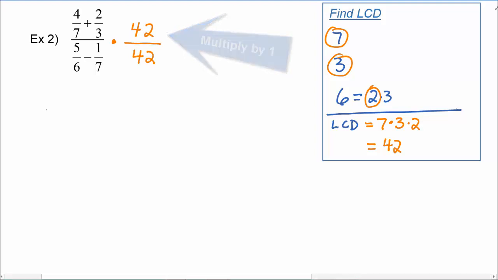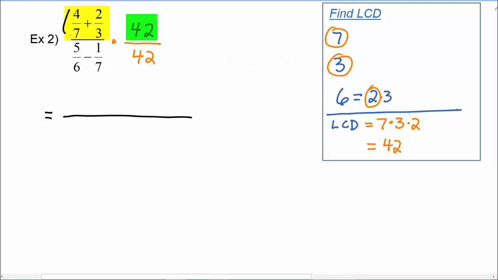Now we're going to use the same technique we used in example 1. We know that 42 is going to have to distribute, so we get 4/7 times 42 plus 2/3 times 42.